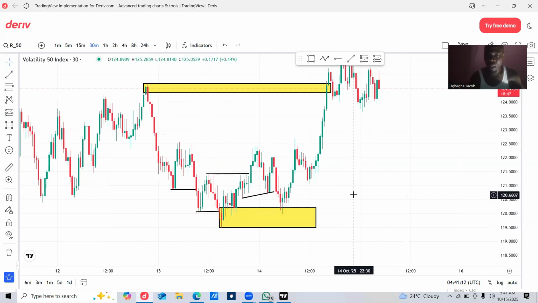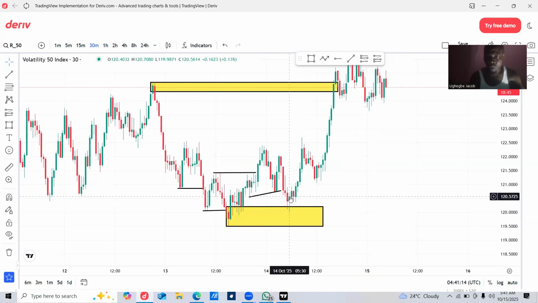So what I will do here, I will switch to my lower time frame, either the 15 minutes or 5 minutes time frame. If I want to take it, I will not just enter the market aggressively.